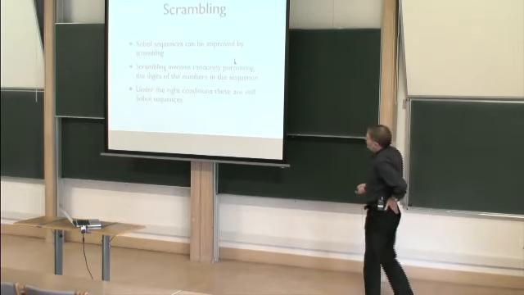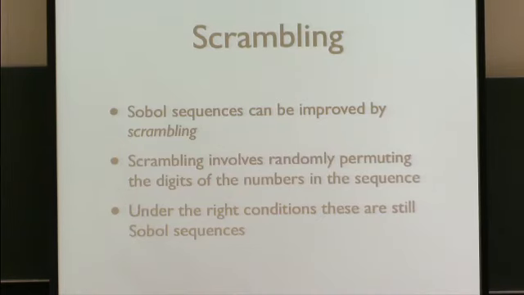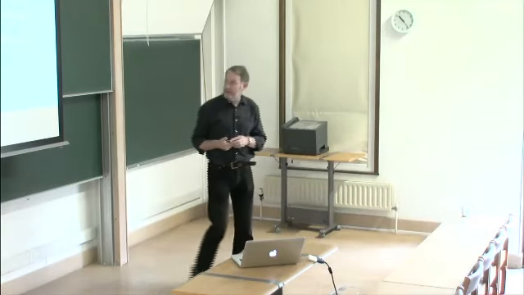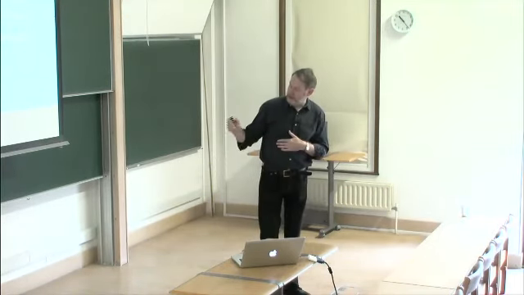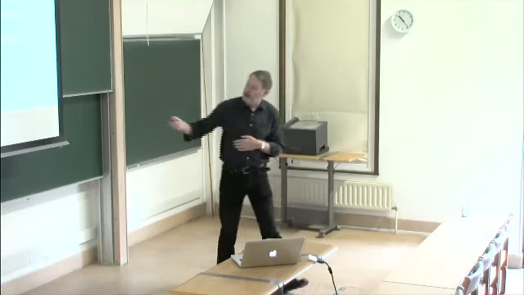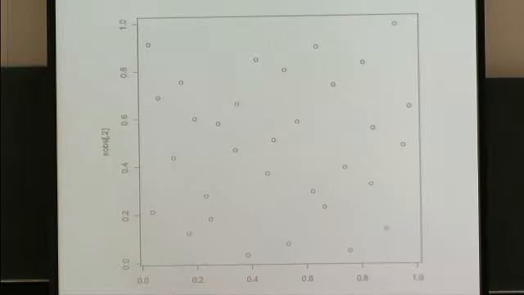You can improve Sobol sequences, removing some of these bad directions, by a thing called scrambling. I have to admit, I don't fully understand scrambling, but it involves randomly permuting some of the binary digits in the sequence it generates. If you do that properly, and there are 3 or 4 ways to do it, they're still Sobol sequences. Here is an example of one I generated this morning.